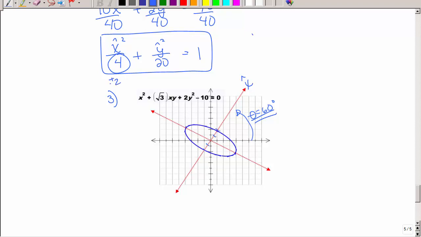That looks like 2 to me. And here the square root of 20 is a little bit more than 4. That looks pretty good. So that is your ellipse. This is in the new standard form without that xy term. Be patient, be neat, you can do it.